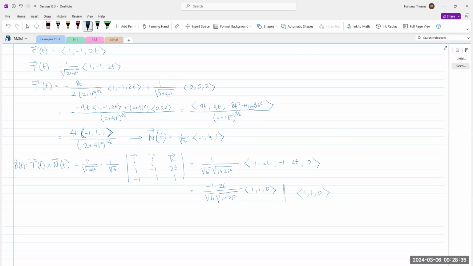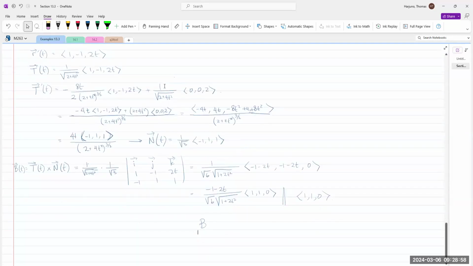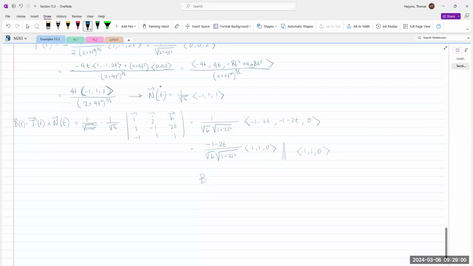You can try, if you find the length of this binormal vector, you will see that the length is 1. So I want to say that this B(t) here must be 1 over radical 2 of (1, 1, 0).